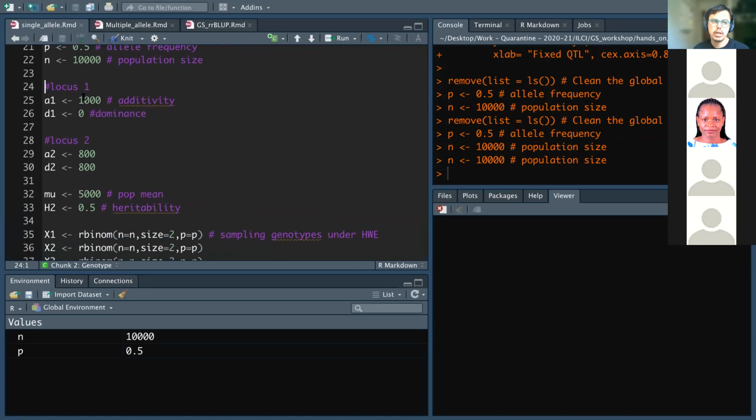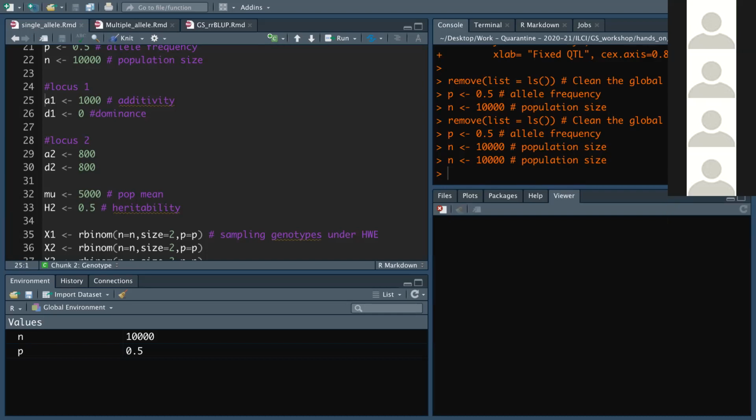What we're going to do here is simulate 3 loci. The first locus is going to have an additive effect on the phenotype of 1000 and a dominant deviation of 0.